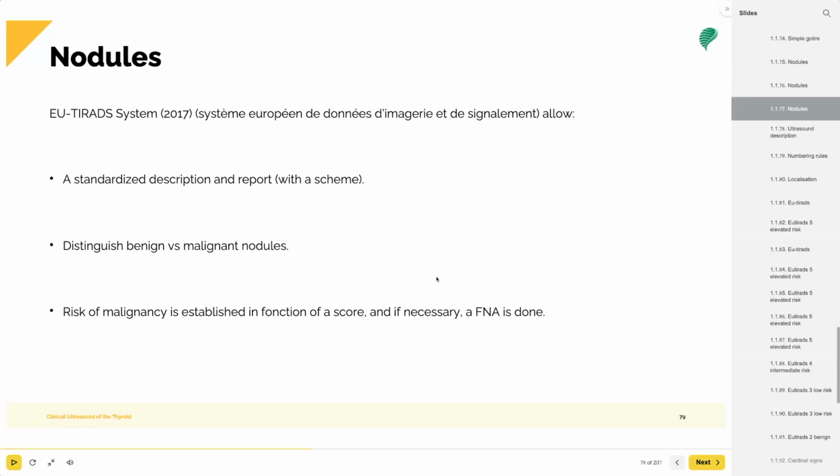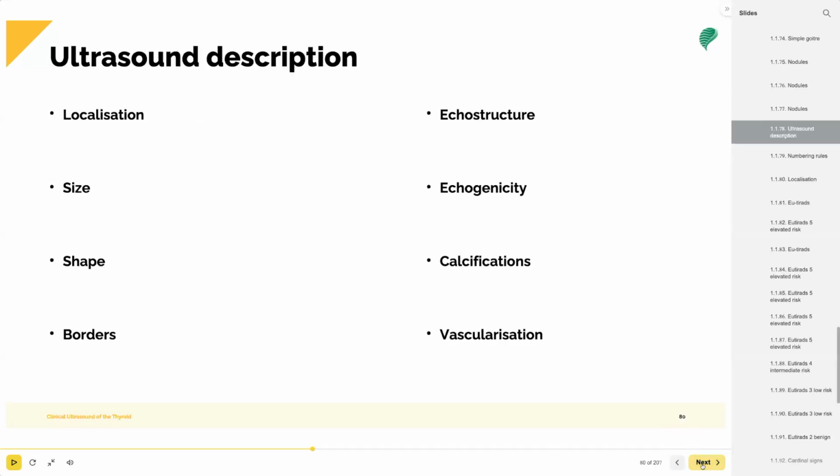So it would give it a score and help us distinguish, is the nodule more benign versus more malignant. Okay, so in terms of description of a nodule, it is very important to be very specific because these factors play a key role in determining is the nodule leaning more towards benign or more towards malignant. And it will also help the doctor decide the next step.